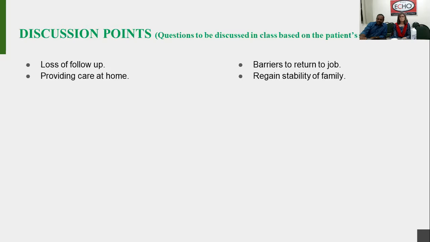Okay, so the social worker can play a major role in such a situation, because this problem between the patient and wife might have happened suddenly due to some provocation.